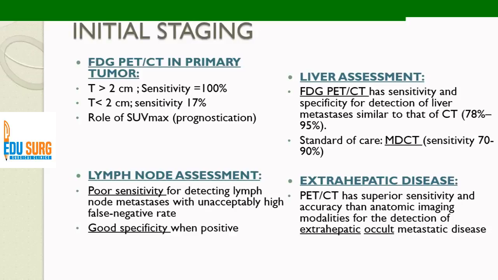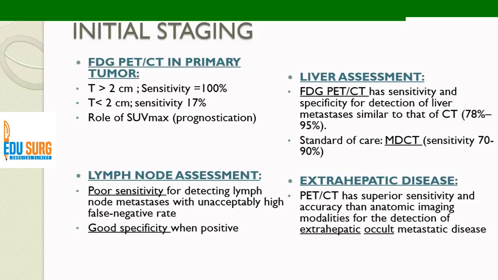Now, multiple studies have shown that higher the SUV max, more is the metabolic activity of the tumor, and it shows more aggressive character. It means that even after curative surgery, the chances of recurrence are pretty high in this patient population.